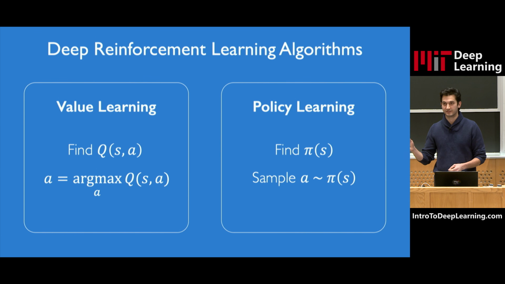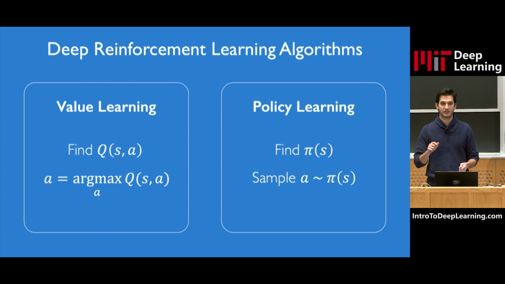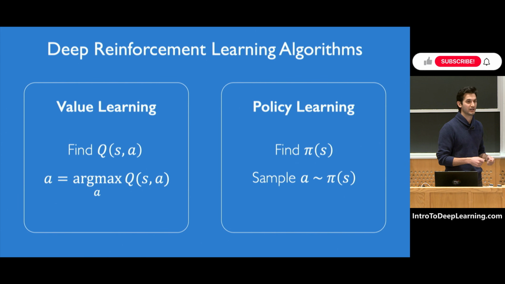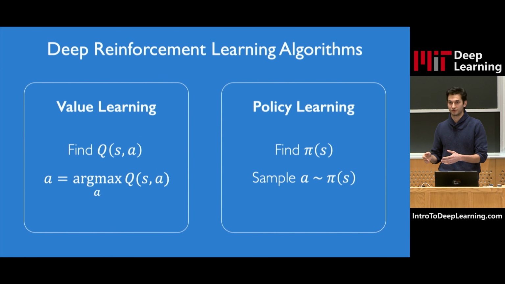The second class of algorithms, which we'll touch on right at the end of today's lecture, is a different framing of the same approach. But instead of first optimizing the Q function and finding the Q value and then using that Q function to optimize our actions, what if we just try to directly optimize our policy, which is what action to take based on a particular state that we find ourselves in?